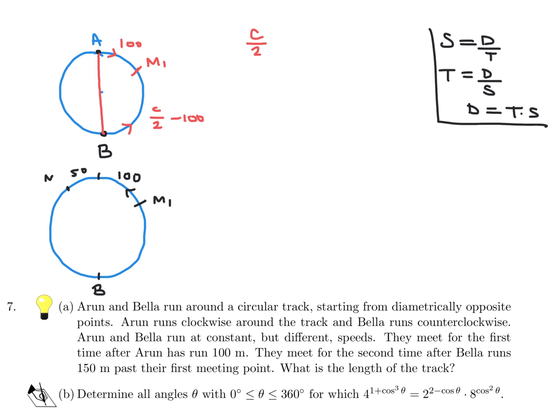And this is M2, right there. So Bella went from here to here, and that was C/2 minus 100. Then Arun was here at M1, and he goes all the way till M2. So that means he traveled C minus 150, is that right? The whole way around.